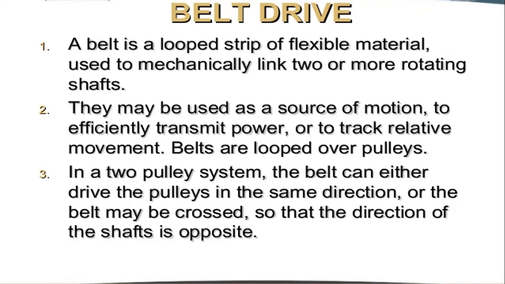In a more complex situation, a belt is a looped strip of flexible material used to mechanically link two or more rotating shafts. They may be used as a source of motion, to efficiently transmit power, or to track relative movement.